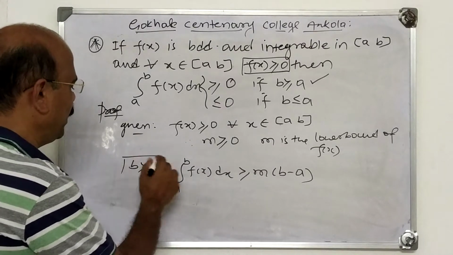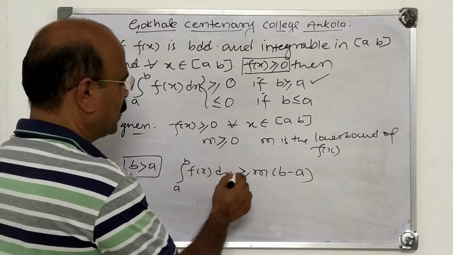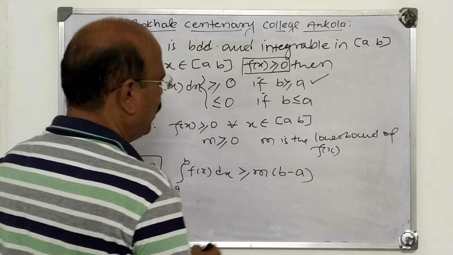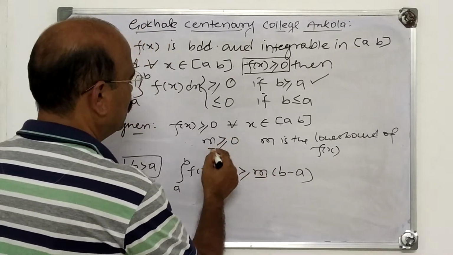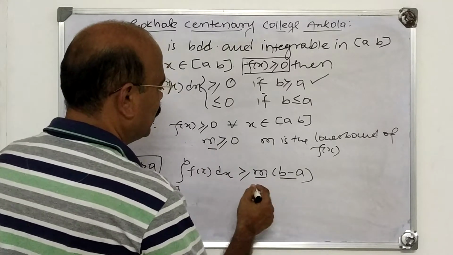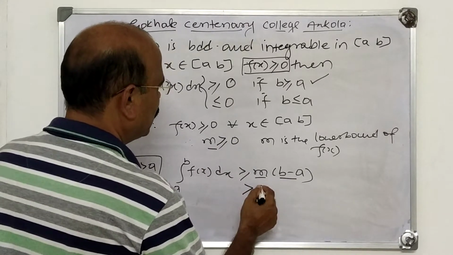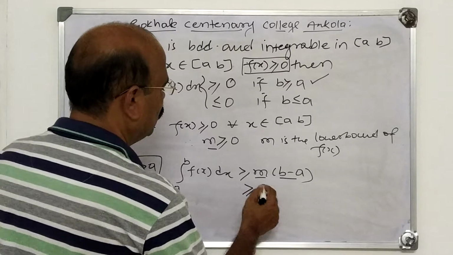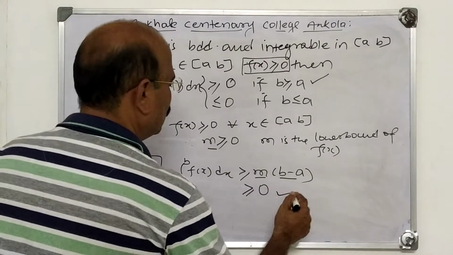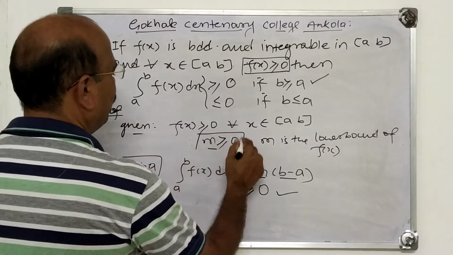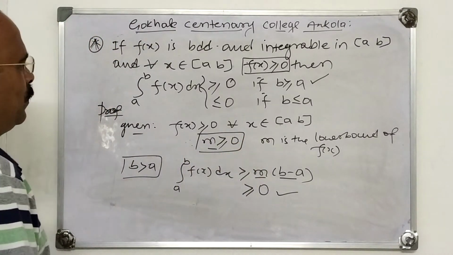Now m is positive, b minus a is positive, therefore it is greater than or equal to 0. Important thing is m is greater than or equal to 0 here.